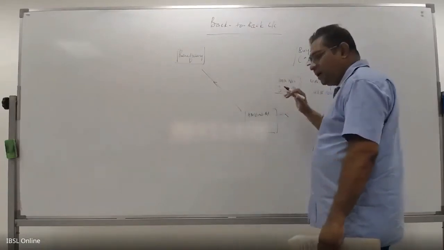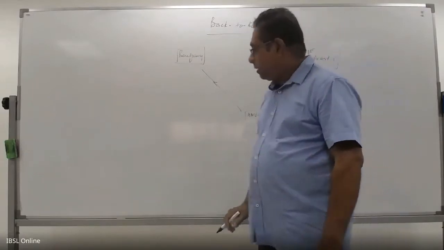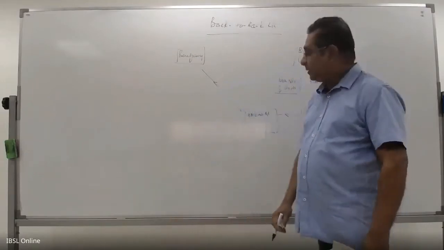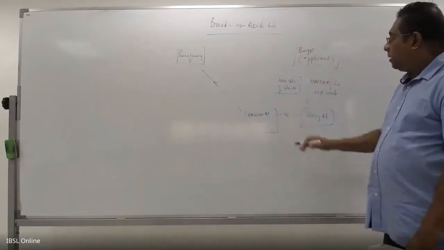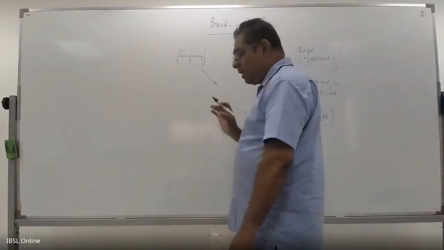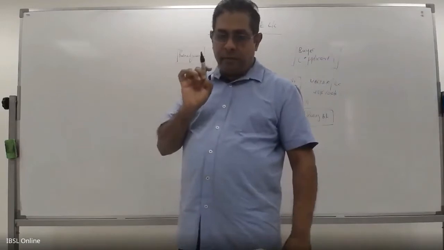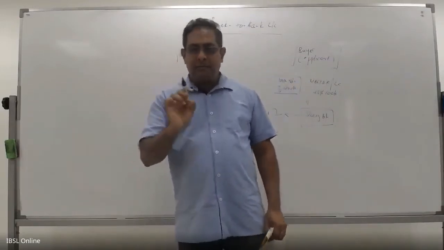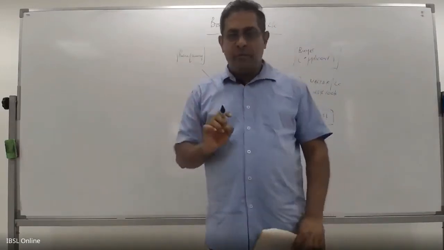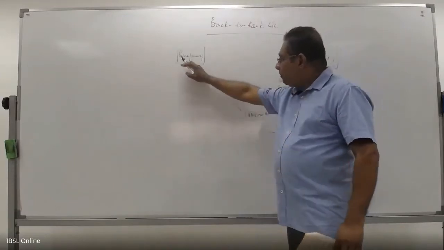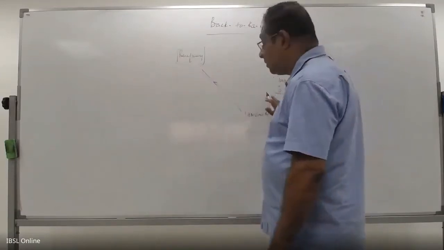So the shirt type and the color and everything will be stated. And in the LC, they have stipulated the latest shipment date and expiry date, and everything has been stated. Right. So basically, out of this 100,000, he has a shortfall.